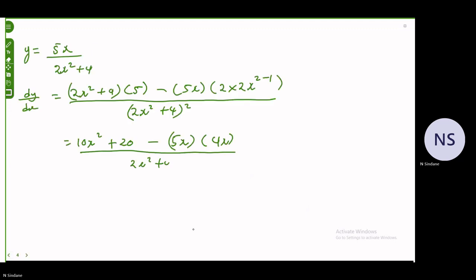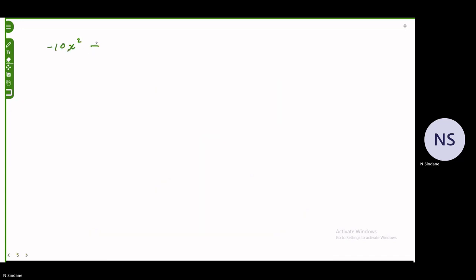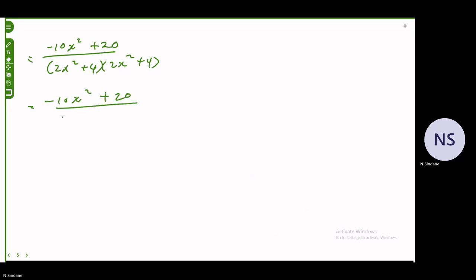Yes, plus 20. Let me rewrite it. Divide by 2x squared plus 4, 2x squared plus 4. From there, negative 10x squared plus 20 over this multiplied by that is going to be 4x to the power 4 plus 8x squared plus 8x squared plus 16.